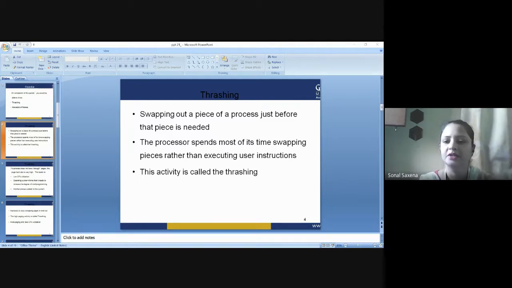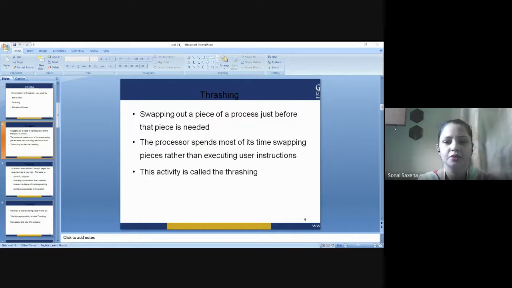Thrashing is a state in which the CPU performs productive work less and swapping more. So, the overall memory access time may increase since the higher level memory is only as fast as the next lower level in the memory hierarchy.